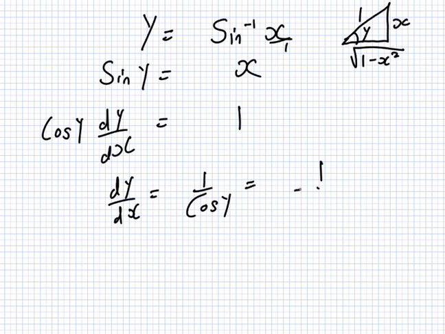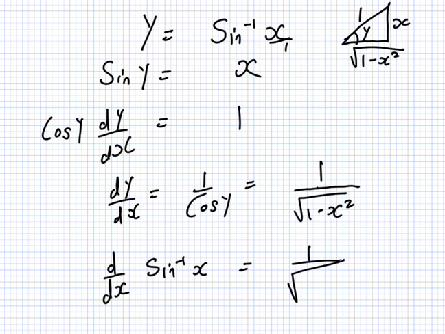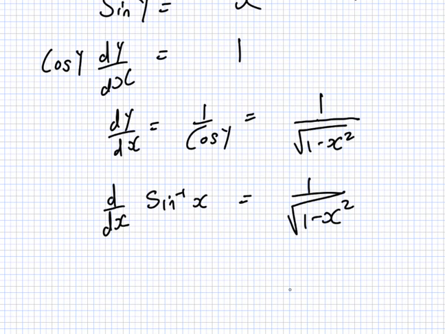So this is 1 over root 1 minus x squared. So the derivative of sine inverse x is 1 over square root 1 minus x squared. Very similar to what we did when we did tan inverse. The derivative of tan inverse was 1 over 1 plus x squared.